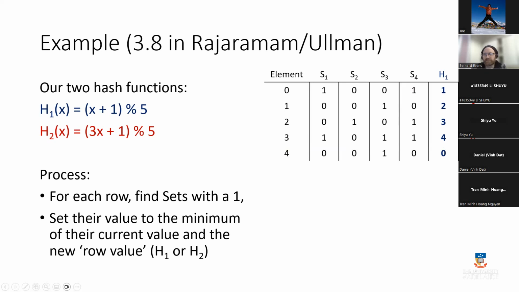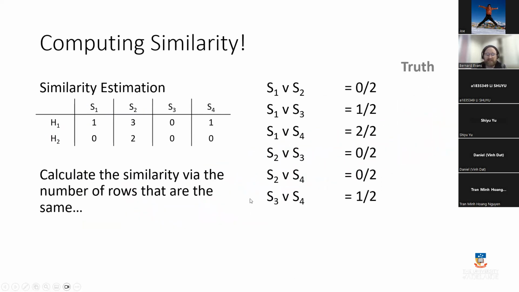And for hash 2, row 3 is 0. So when I shuffle them, S3, when it is hash 2, would be at the top. So it would be a 0. So this row would be at the top, right? And when it's hash 1, this row would be at the top. And so S3 would still be 0. The first row, which has a 1, would be the 0th row, right? And we can see that here, they're both 0s.